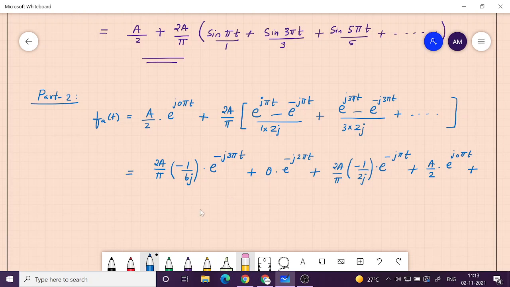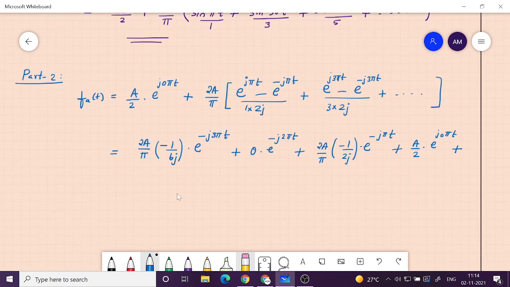Then it goes to the positive side, so I can expand it like a series. So there are a lot of terms here which go to minus infinity, and then on the positive side also a similar thing happens.